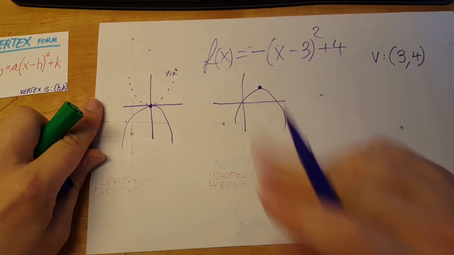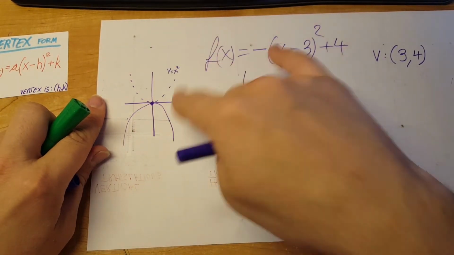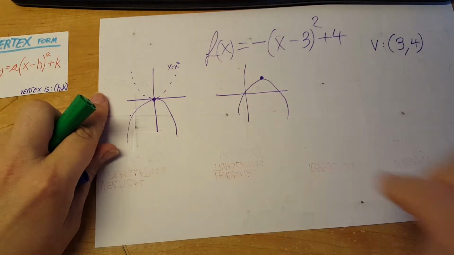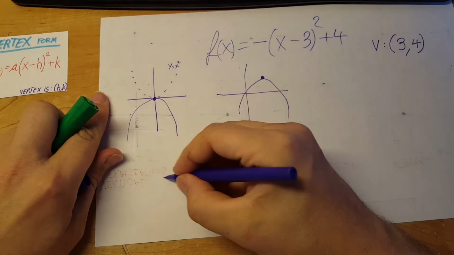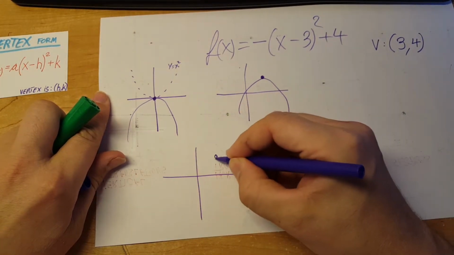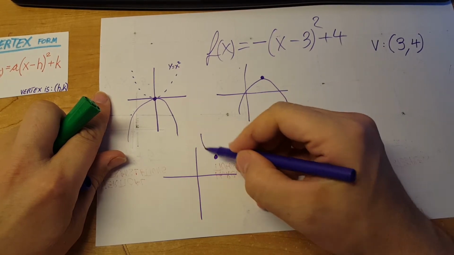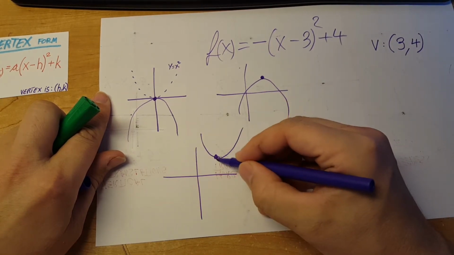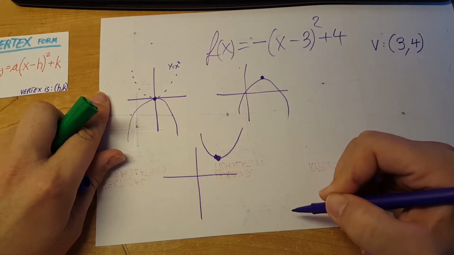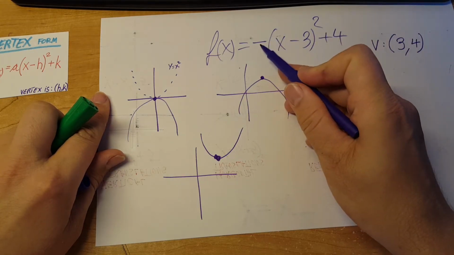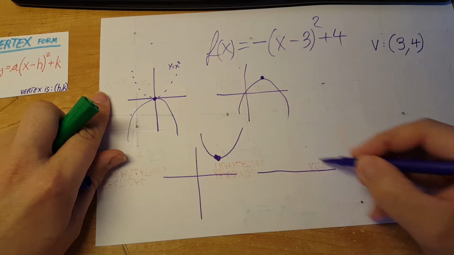Okay, now let's see what happens if we mix up the order. I want to find the vertex first. I'm gonna draw it, ignoring the reflection, so I'm gonna draw it here with the vertex in its place. And now I want to do the reflection. What's gonna happen?